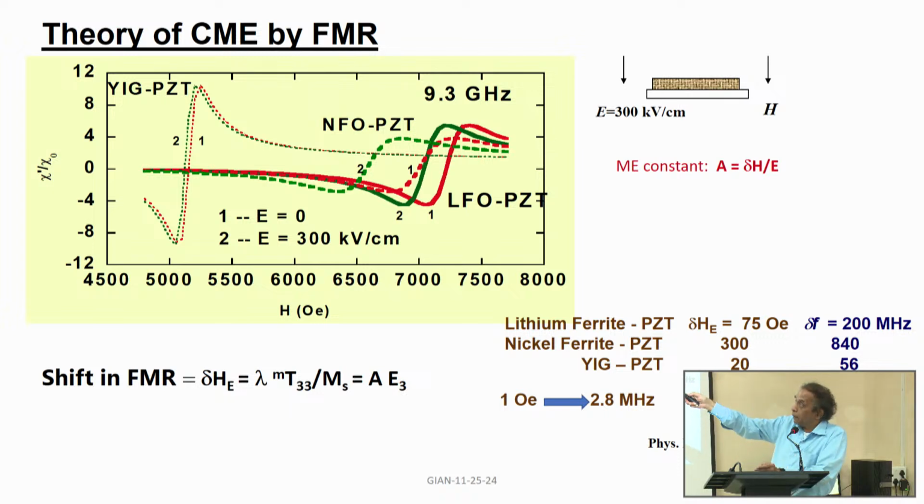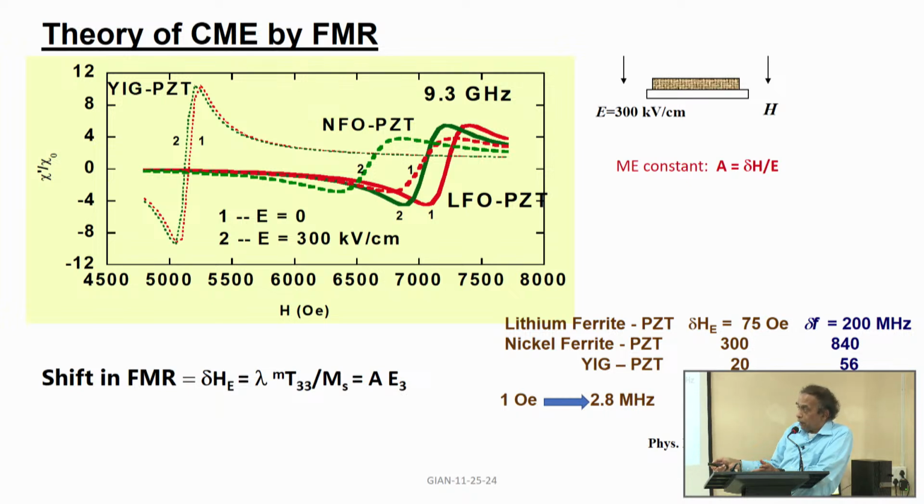Okay. So as you see here, under no field, you see the resonance. When the electric field is applied, there is a shift in the resonance to the right. So the resonance occurs at a lower static field. So we can calculate the shift in the resonance field, that's delta He.